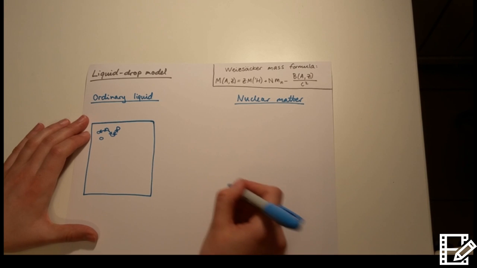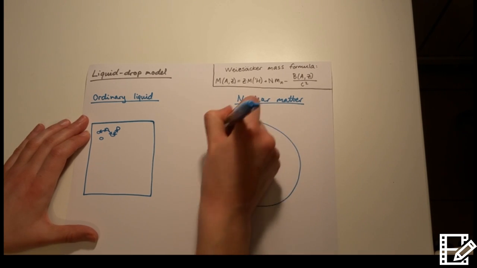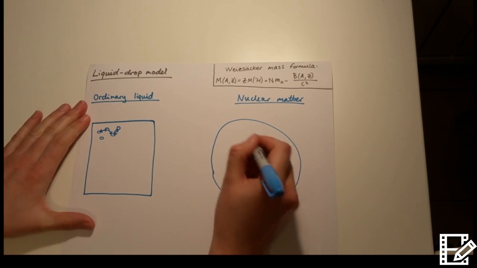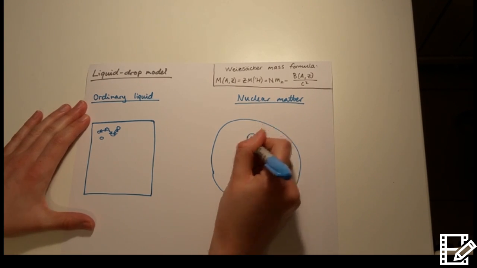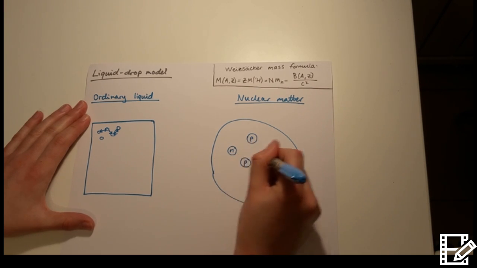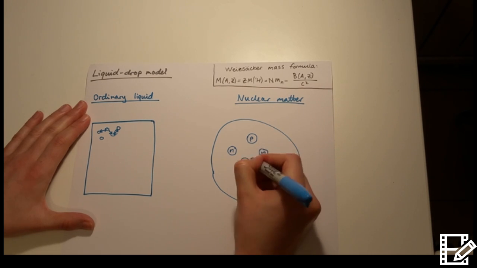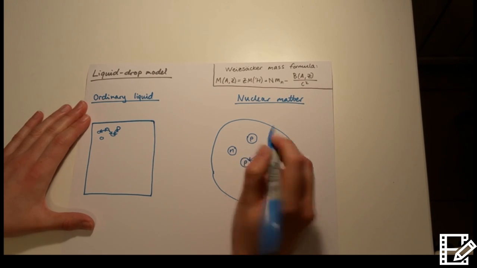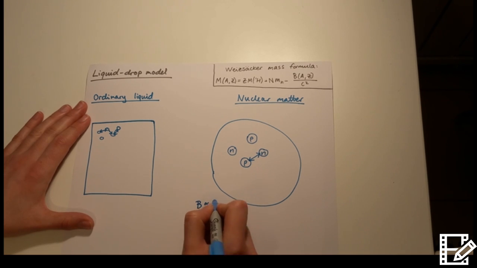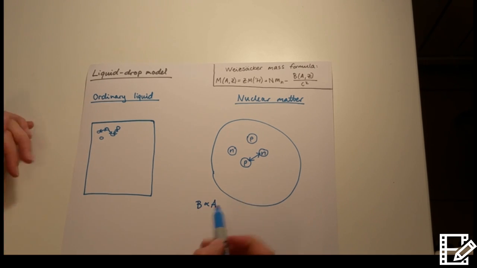Now, in a nucleus, as I described in my previous video, between the nucleons, we find that the binding energy is proportional to the atomic mass, so the number of nucleons.